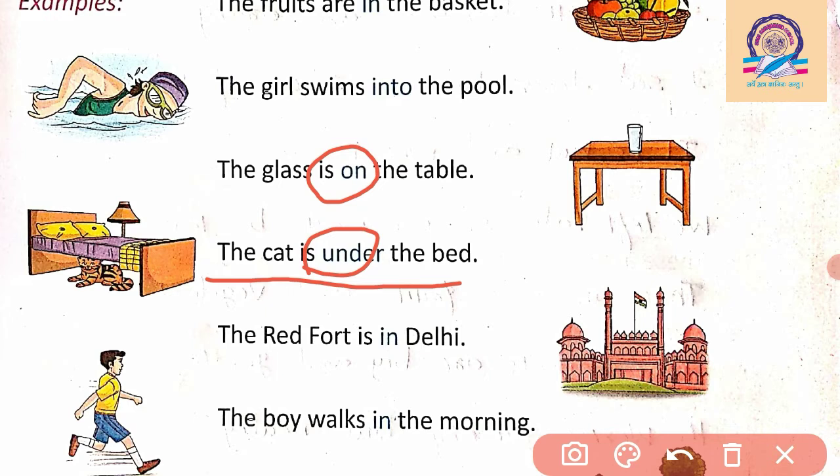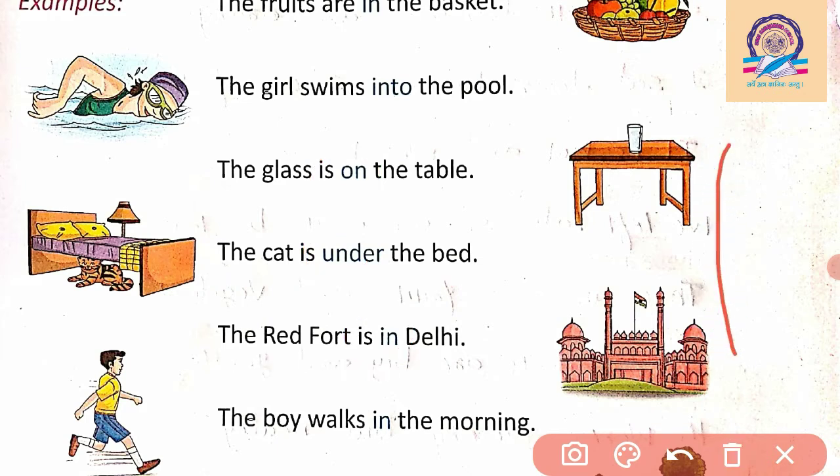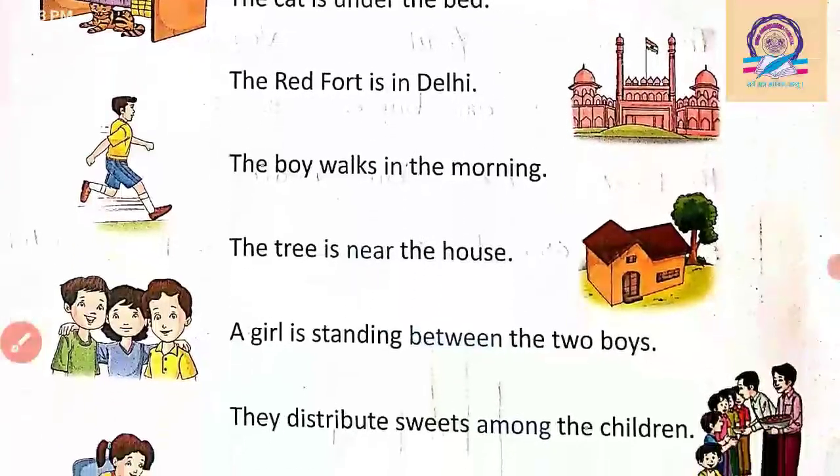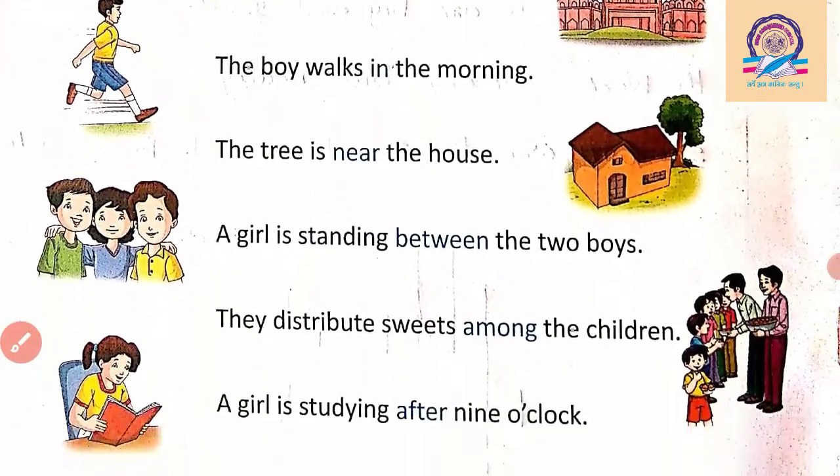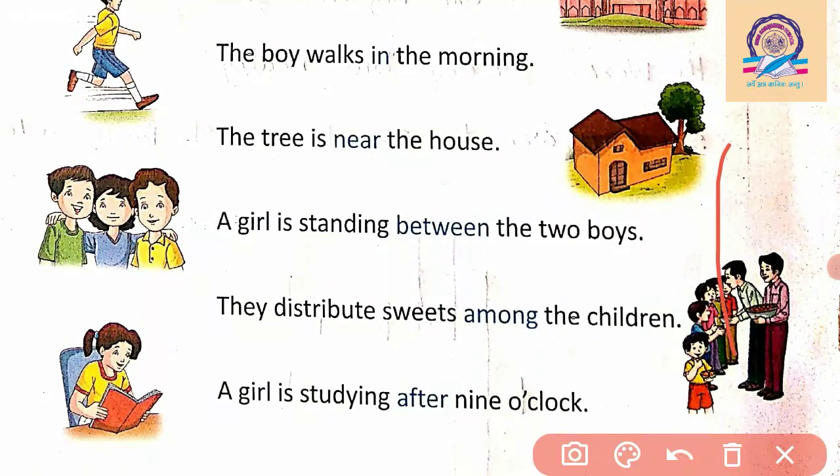Then the Red Fort is in Delhi. For a place, we can say that the Red Fort is inside Delhi. So here the Red Fort is in Delhi. Inside Delhi, we use the preposition "in", because the Red Fort is situated inside Delhi. Then we can say that the boy walks in the morning.